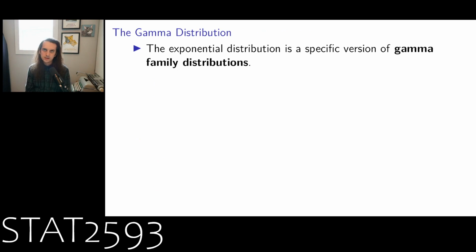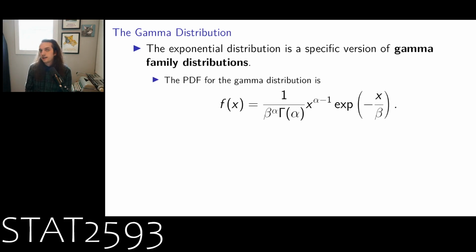Now, as I mentioned, the exponential distribution is just a specific version of the gamma family of distributions. The PDF for the gamma family is characterized by two different parameters, an alpha and a beta parameter. And we can see it takes on a slightly more complicated form.